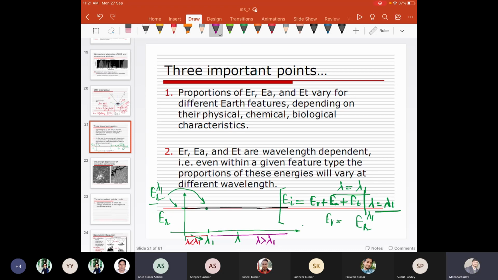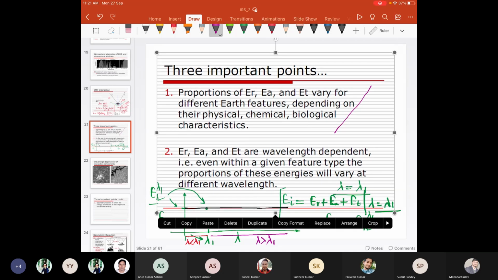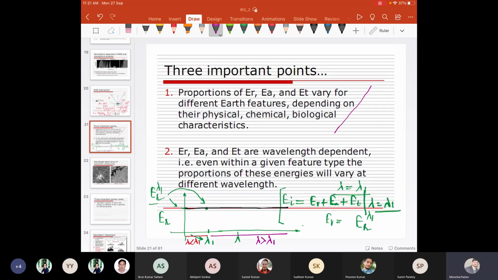Okay. Let me again discuss the point I discussed recently. The point number 1, the proportions of ER, EA, and ET. It means let's say I select EI as a particular decimal number, 10 unit, at a particular wavelength, let's say at lambda 1.